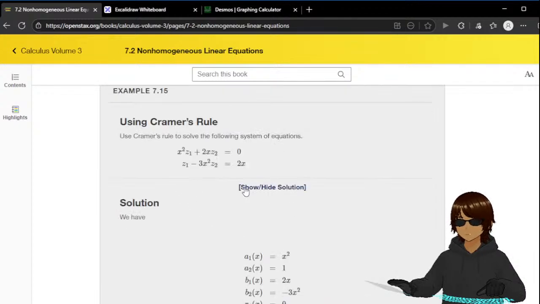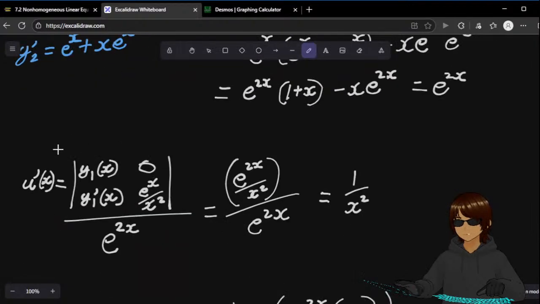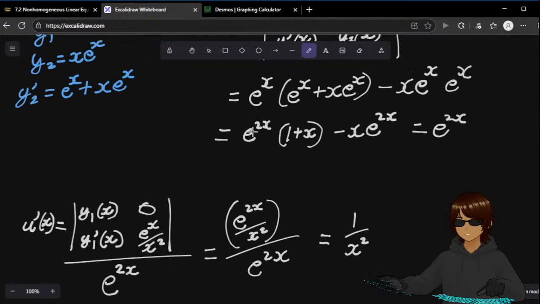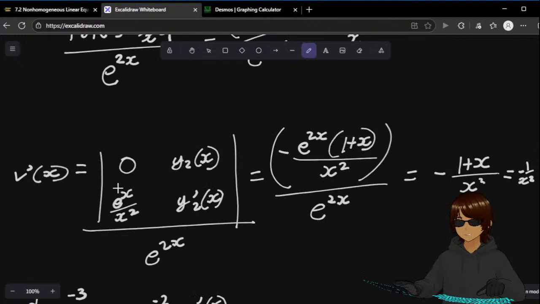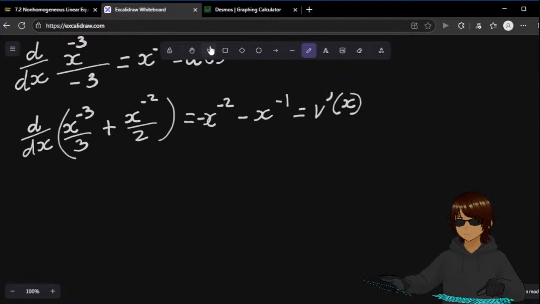What is Z1 and Z2? R comes first and then B. Okay, R1, B1. Okay, when I am finding Z1, so integral of U, I do R1, B1, R2, B. Oh my God.